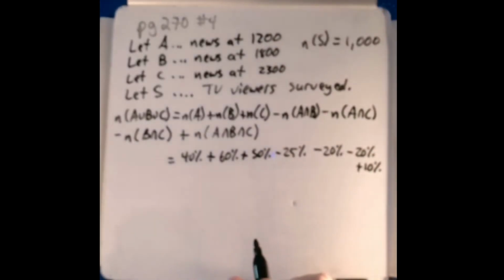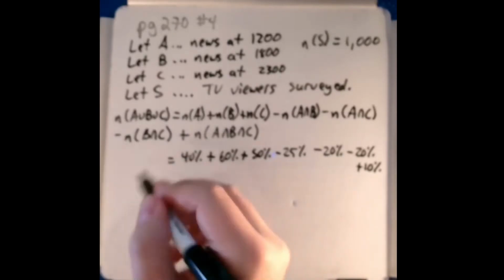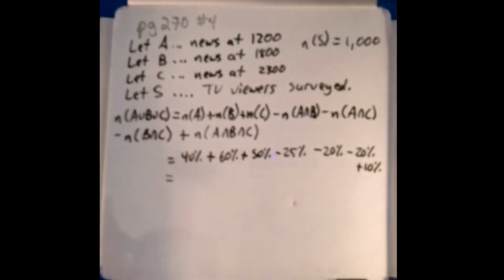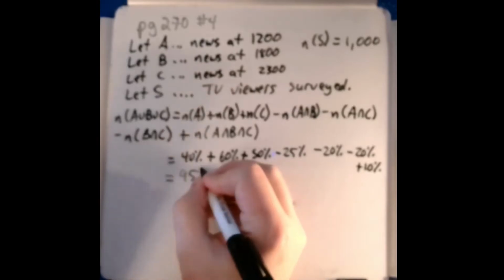What percent of those surveyed watch at least one of these programs, or what percent fit within the union of A and B and C, which is what we're finding here. Let's get out our calculator and add these up. 40%, 60, 50, minus 25, minus 20, minus 20, plus 10 gives us 95%.